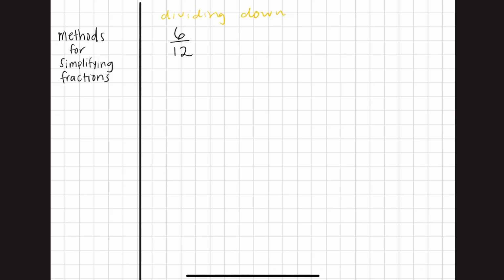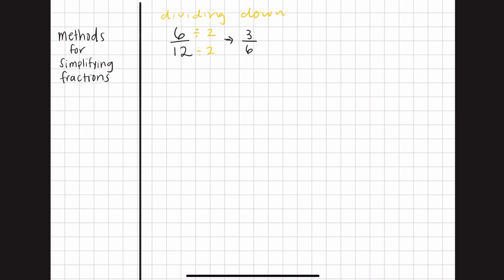If so, then I can divide by 2. And we can start there, right? Taking baby steps, dividing both the top and the bottom by 2. 6 is divisible by 2, 12 is divisible by 2. And when I divide that, I get 3 over 6.